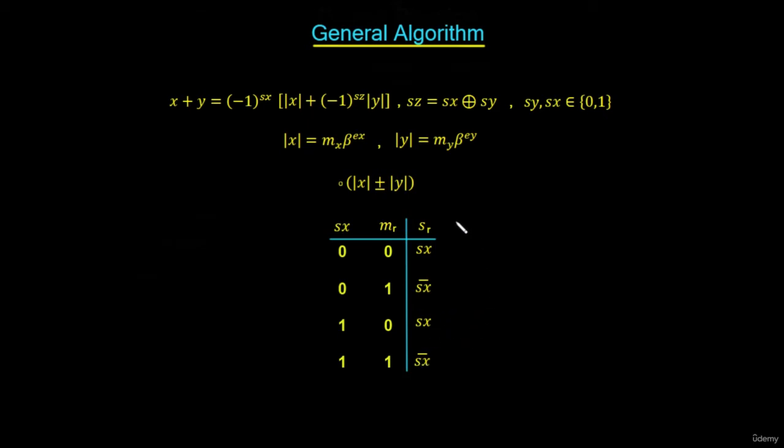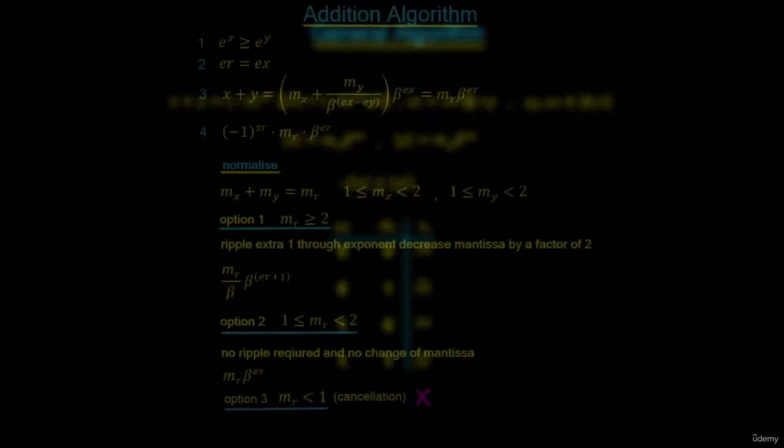So we're not going to talk through this in any more detail. We've seen this before, and if you're unsure, you can always go back to the original 2 videos for the algorithm. So let's move on and look at our addition.